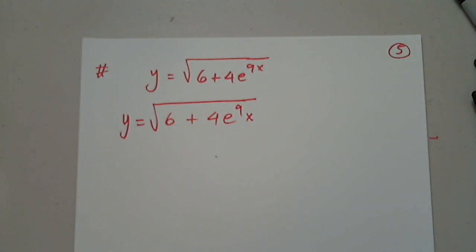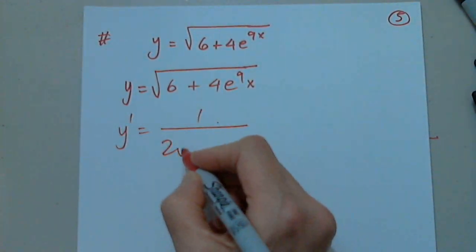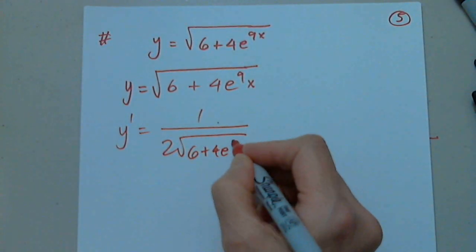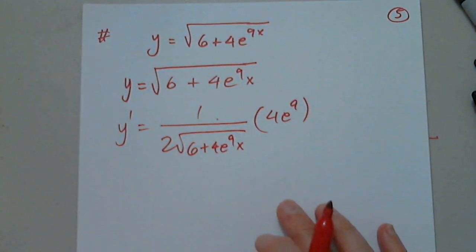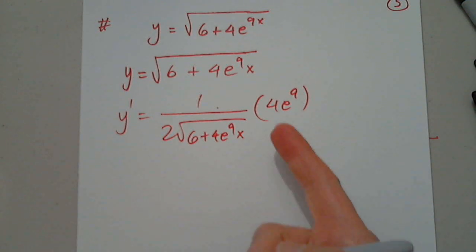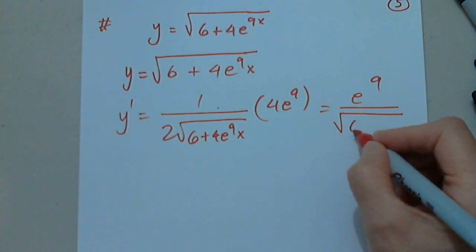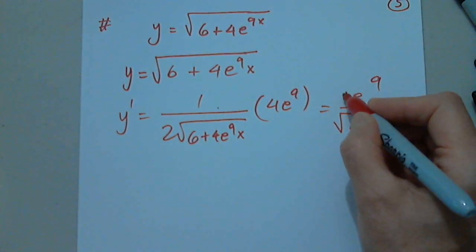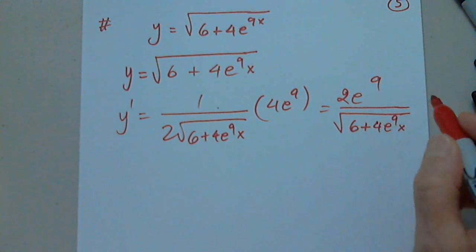The y prime. For y prime, we have 1 over 2 the square root of 6 plus 4e to the 9th x, multiplied by 4e to the 9th. I'll simplify by 2 and have e to the 9th over the square root of 6 plus 4e to the 9th x.